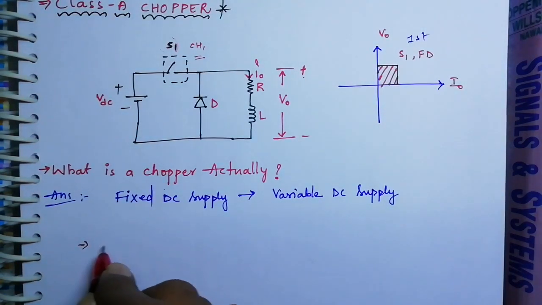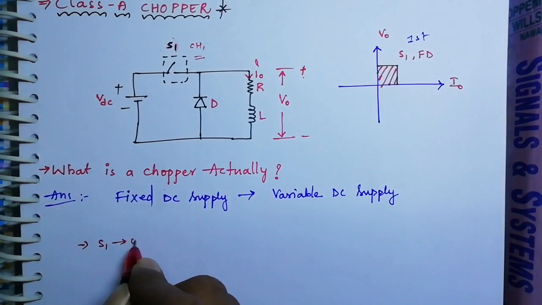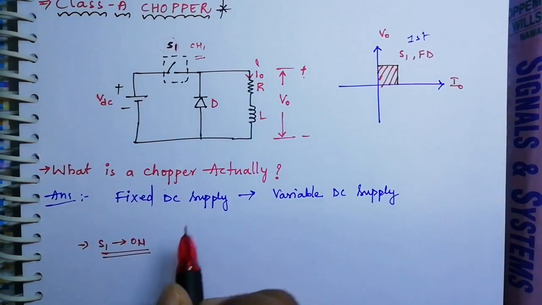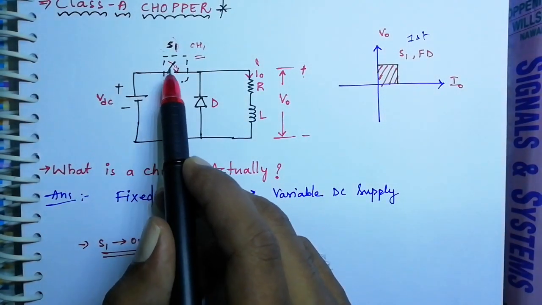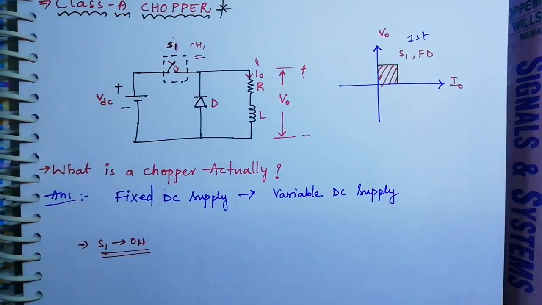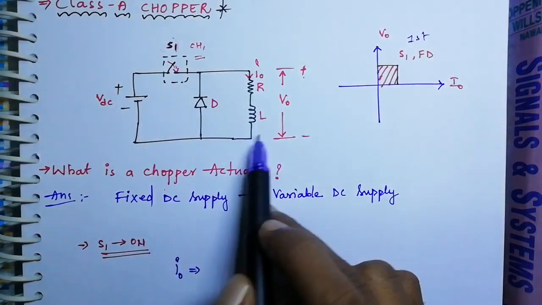So when S1 is switched on, when S1 is closed, what happens is my I0, that is the load current, starts flowing as the circuit is completed here.